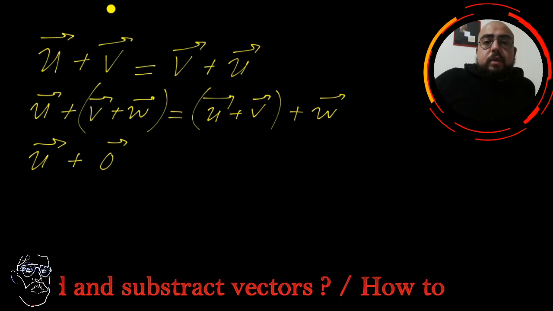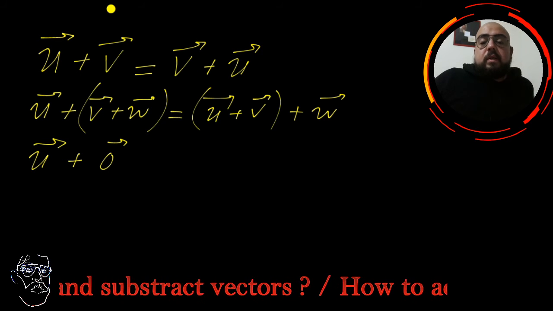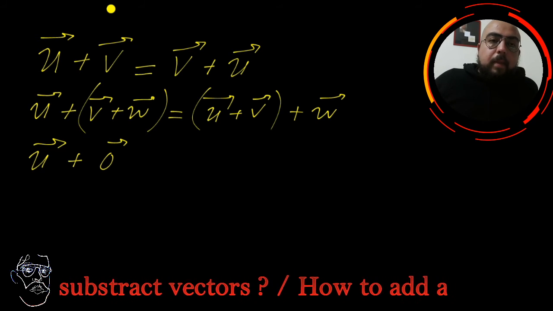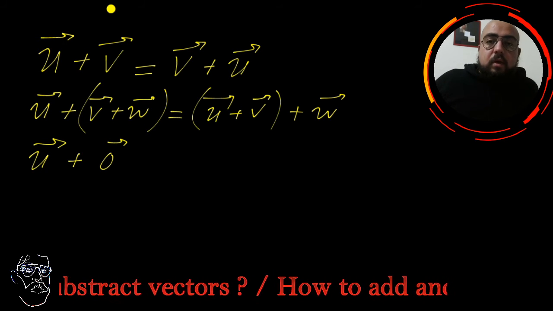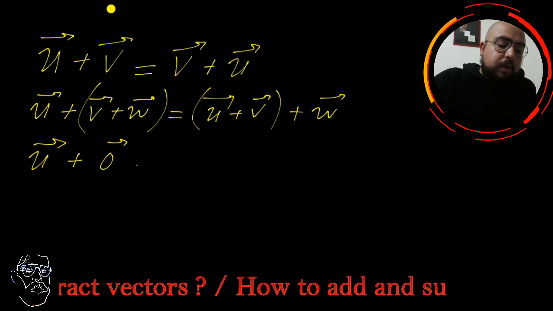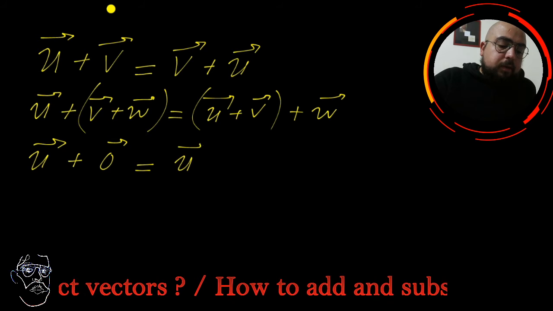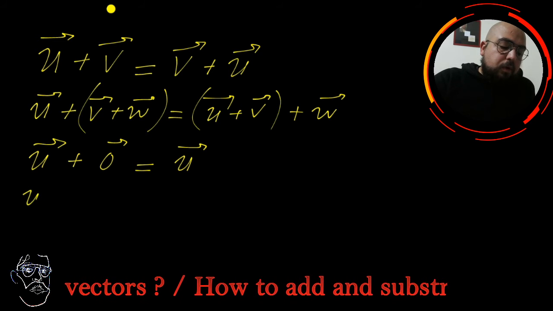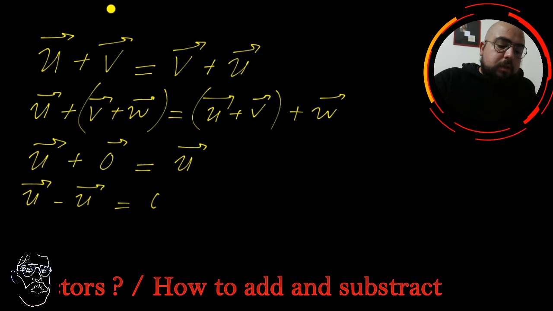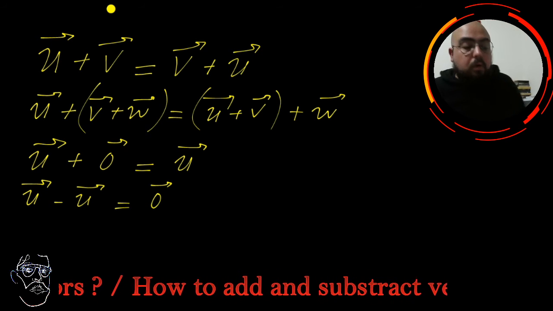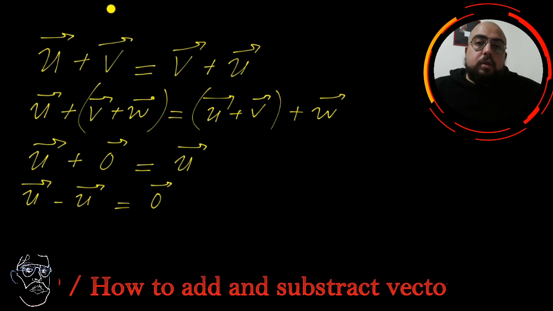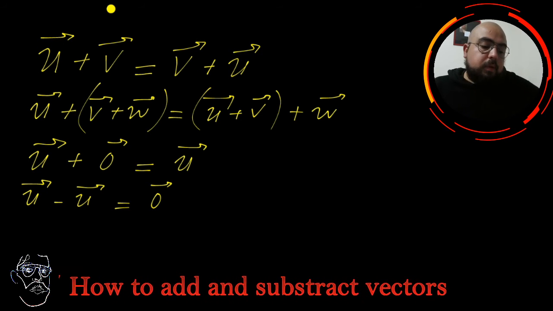It's a vector which is represented by a point. Its direction and sense are not defined. The magnitude is zero. So U vector plus zero vector is simply U vector. Now what about U vector minus U vector? It's simply zero vector. All right, so these are the properties related to the addition or subtraction of vectors.